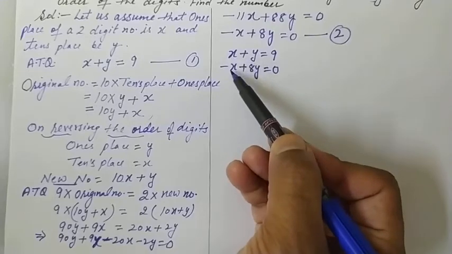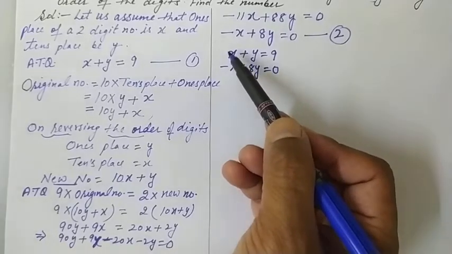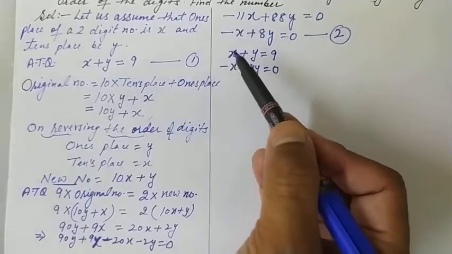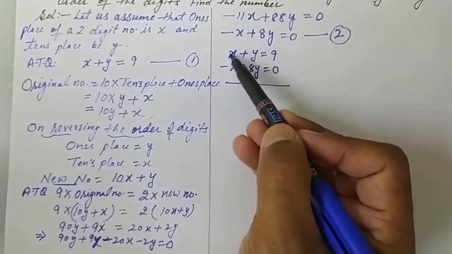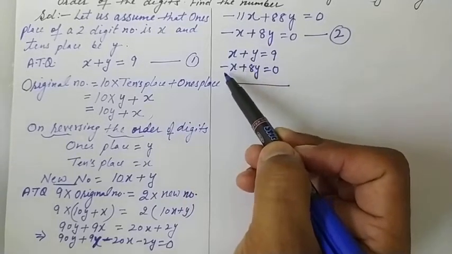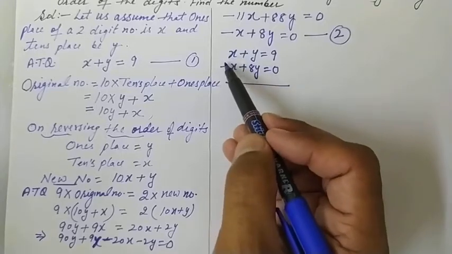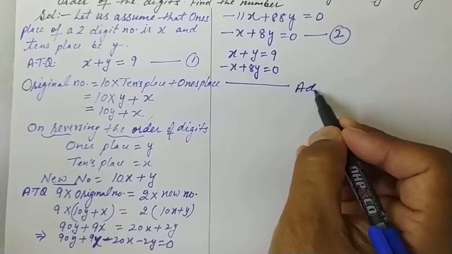This is already the same: here it is 1, here it is minus 1, so we look at the numerical coefficient only. As I told you earlier, if signs are different, we add; if signs are the same, we subtract. Here the signs of the coefficients are different, so we will add these equations.